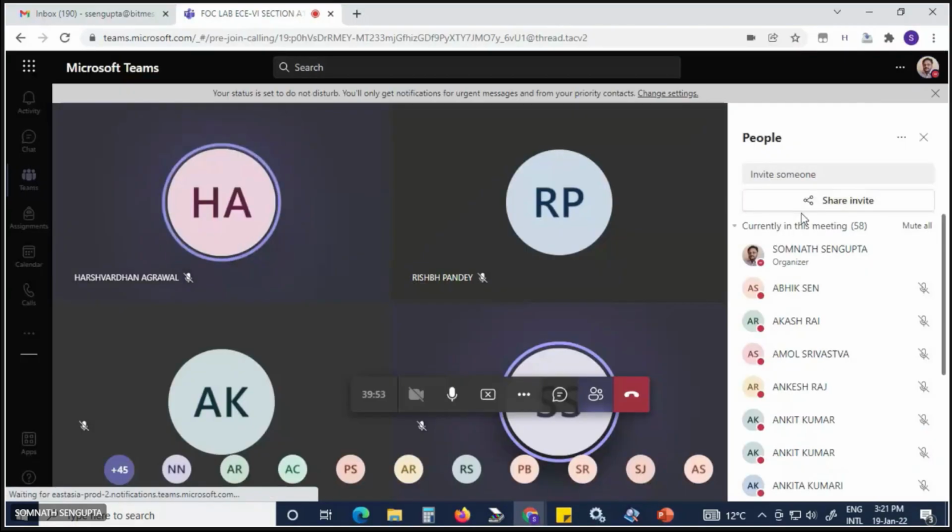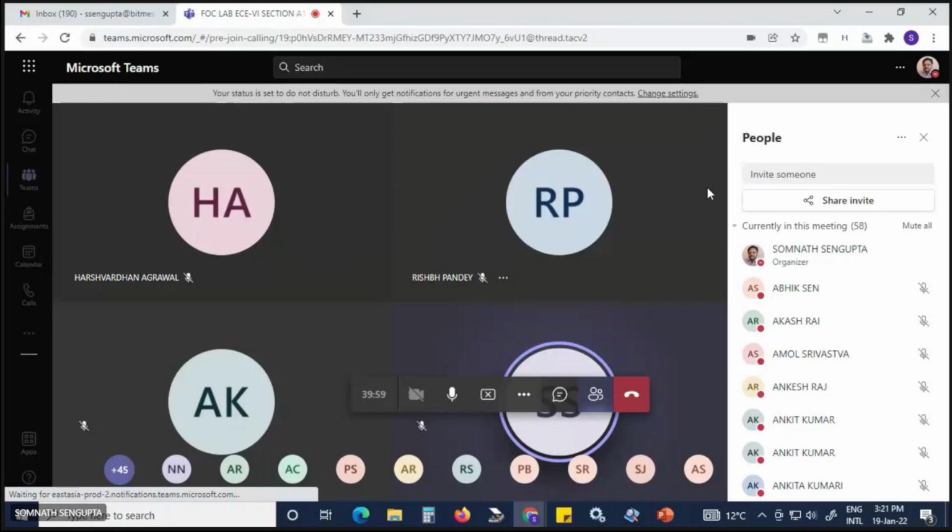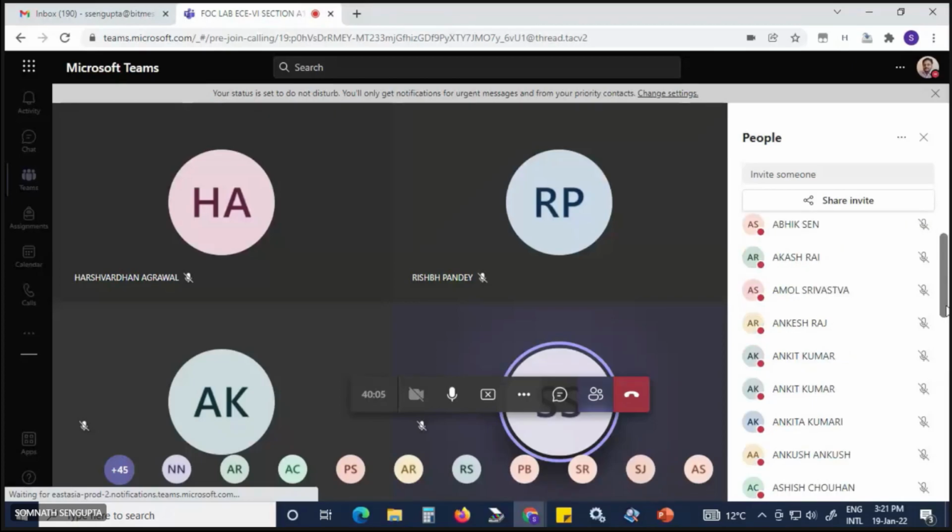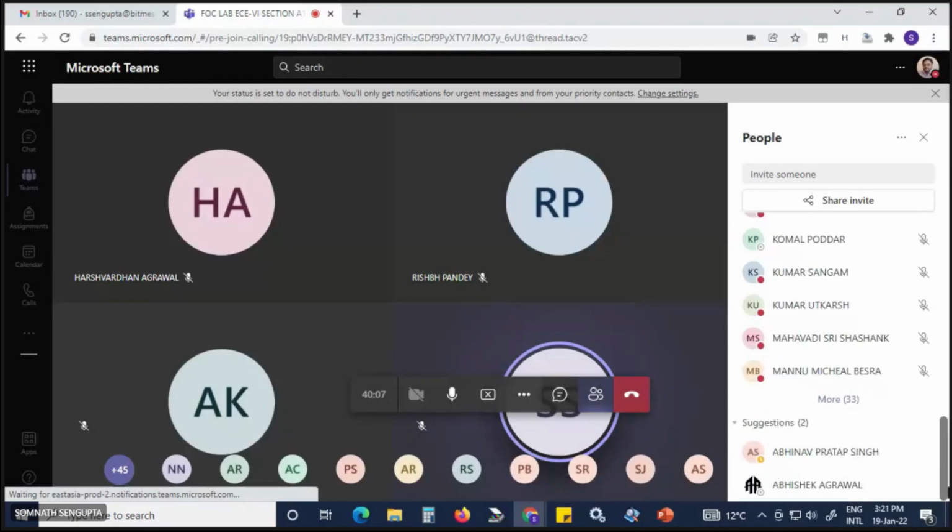You have to know what is a direct band gap semiconductor and what is an indirect band gap semiconductor. Can anybody in this class tell, who has taken VLSI specialization?